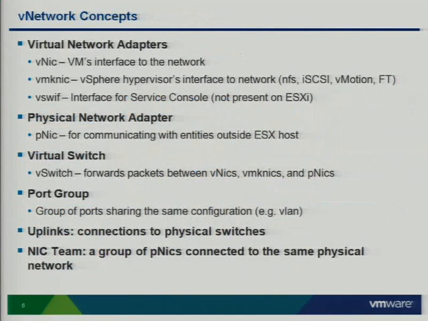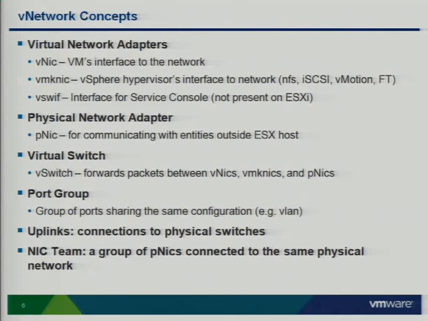So here is a text representation of what I just talked about. Just to repeat, there's a concept of virtual NIC, VMK NIC, and vSwif. And basically, vSwif only applies to the classic ESX, does not exist in ESXi. Then you have the physical adapter, and we often call it pNIC as opposed to vNIC.